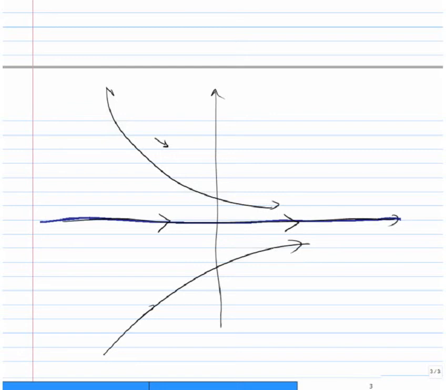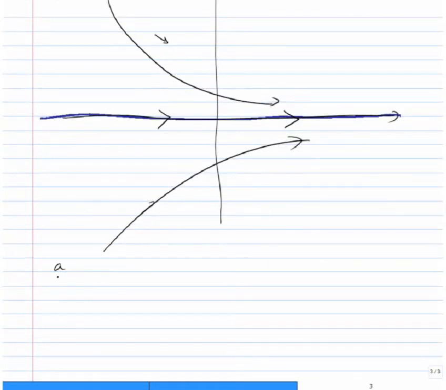When a is equal to 0, in this case the x nullcline is x equals 0, and the y nullcline is y equals 0.